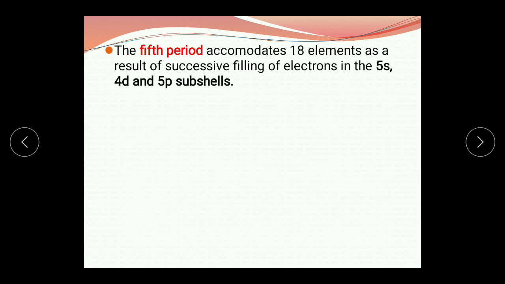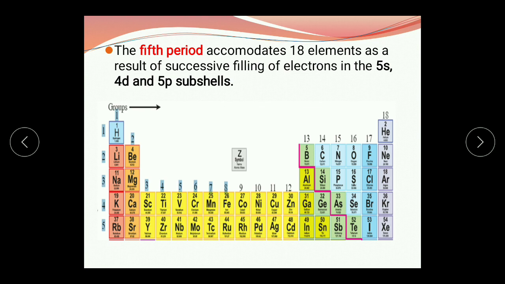Accordingly, the fifth period can also accommodate 18 elements because it has orbitals like 5s, then 4d and then 5p. Likewise, 4d also has more energy than 5s. Hence, 5s will be filled first, then 4d and then 5p. So, the fifth period is like this.